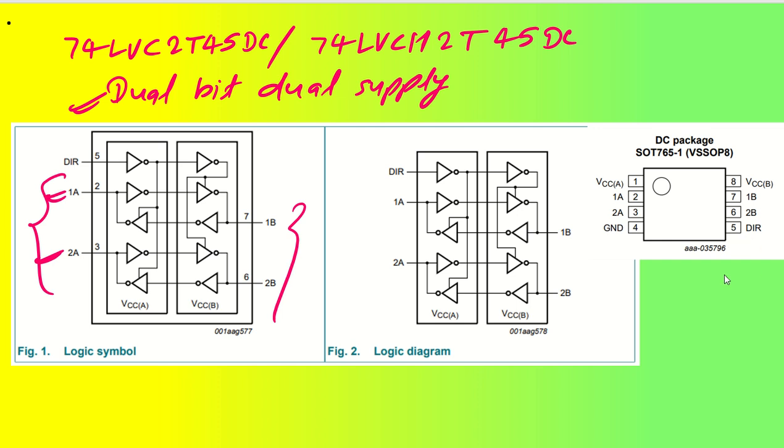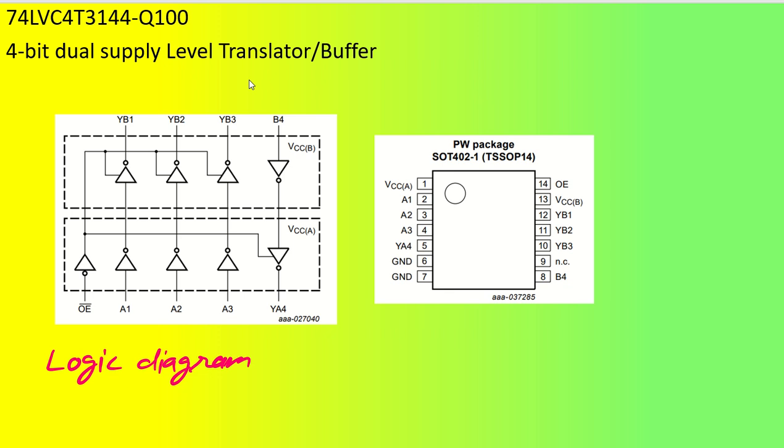If you talk about 4 channels, that is also called 4 bit. So 4 bit voltage level translators can also work as voltage buffers. In that case, we have A1, A2, A3, A4, sorry, this is not Y, this is YA4, B4.